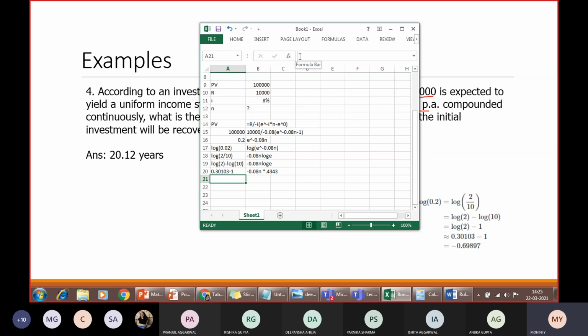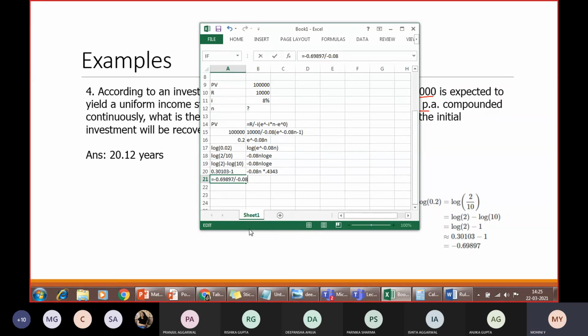So now it will be minus 0.69897, right. और आप इसको calculate कर सकते हो, जो आपकी right side है ये हम नीचे division में कर देंगे. So it will be divide minus 0.08.